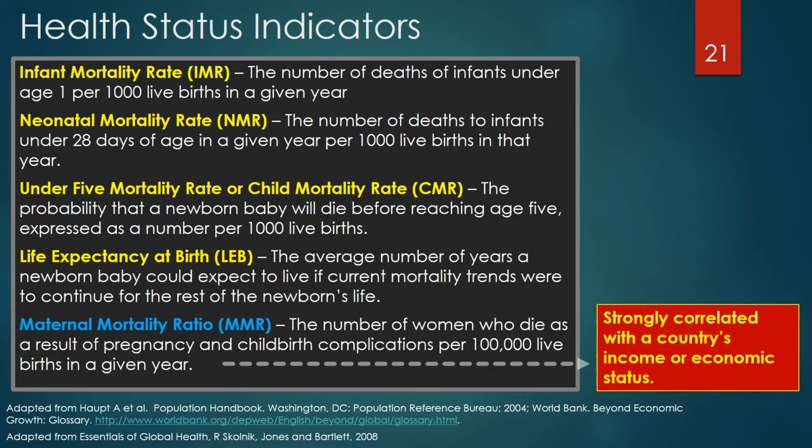The maternal mortality ratio is quite difficult to measure due to its relative rarity and that these deaths occur primarily in low-income settings, having less resources available to monitor this indicator. So as with IMR, NMR, and CMR, maternal mortality is strongly correlated with a country's income or economic status.